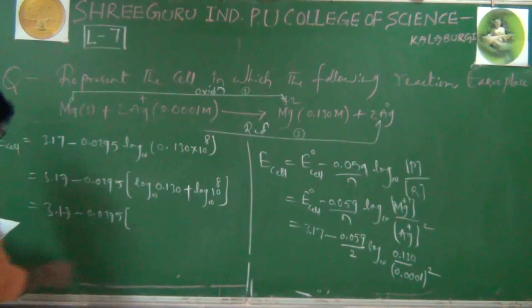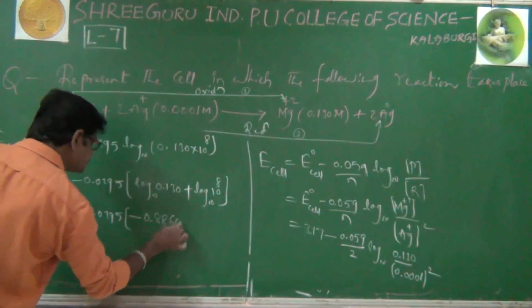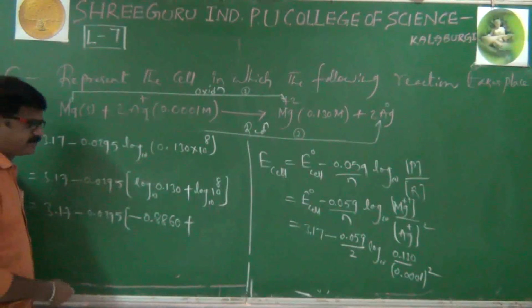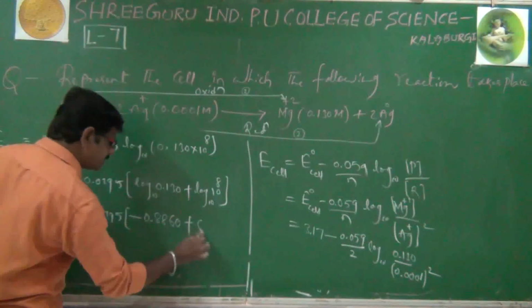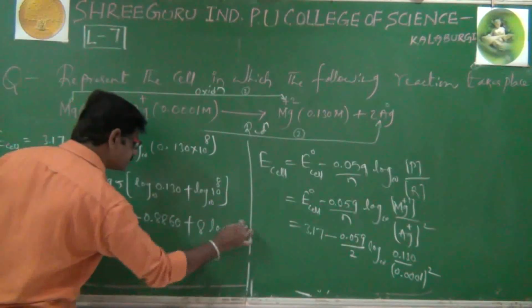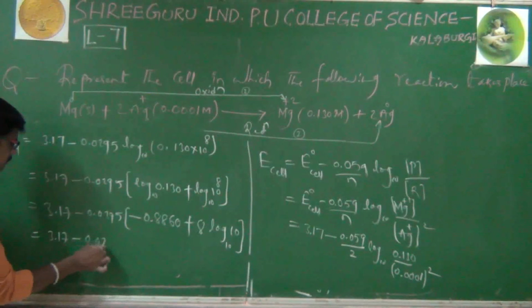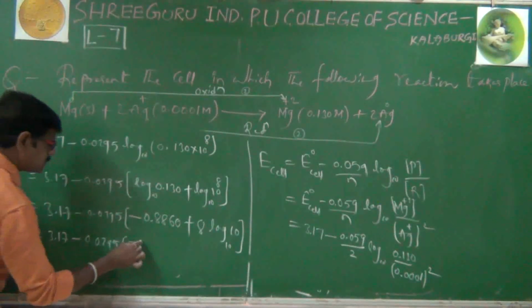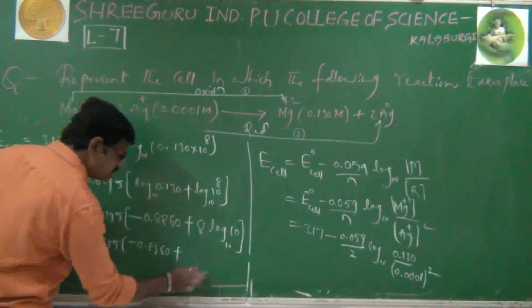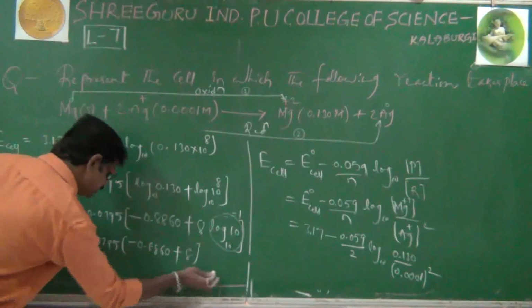Its value is minus 0.8860 plus, here log m to the power of n, another formula we have to use, that is n log m, that is 8 log 10, of course base 10. 3.17 minus 0.0295 minus 0.8860 plus, log 10 base 10 is nothing but 1, therefore we just write 8 only.